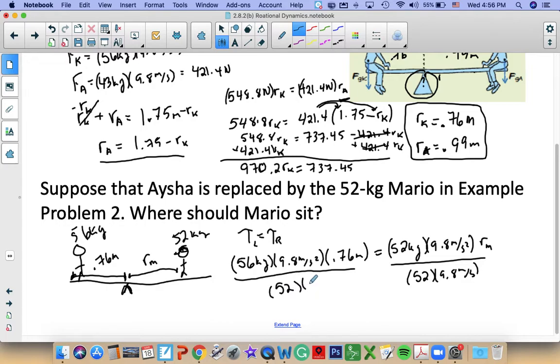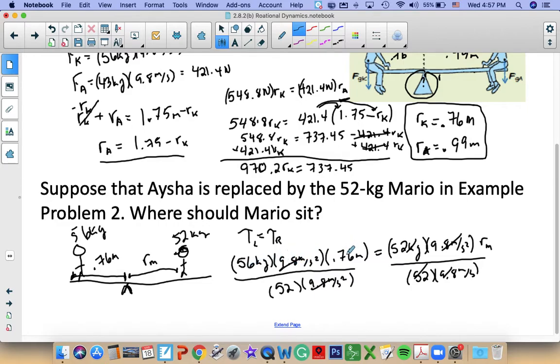And then we should be left with our radius there. I just realized, if we wanted to save a little bit of calculator work, that 9.8 is going to cancel out. You can have it in there if you want to. We should all get the same answer.